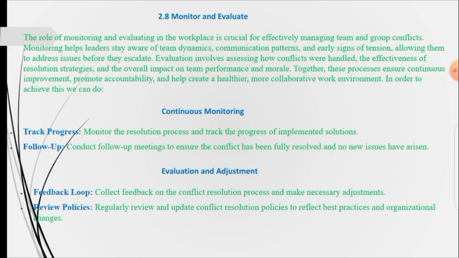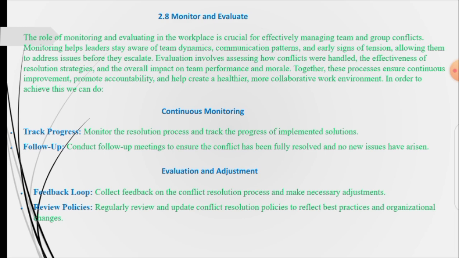harmony. The points mentioned in the slide basically means that continuous monitoring in managing team and group conflict at the workplace involves regularly observing team interactions, communication patterns, and behaviors to identify early signs of tension or disagreement.